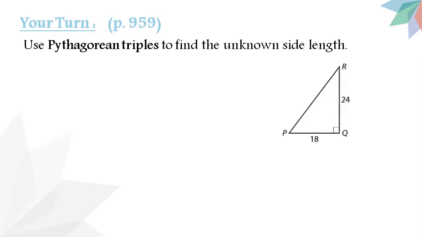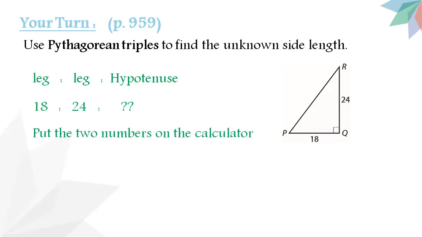You have to find it another way, by writing a ratio of leg to hypotenuse. The two legs that I have are 18 and 24, and I should find the hypotenuse. So put the two numbers on your calculator, 18 divided by 24 or 24 divided by 18.